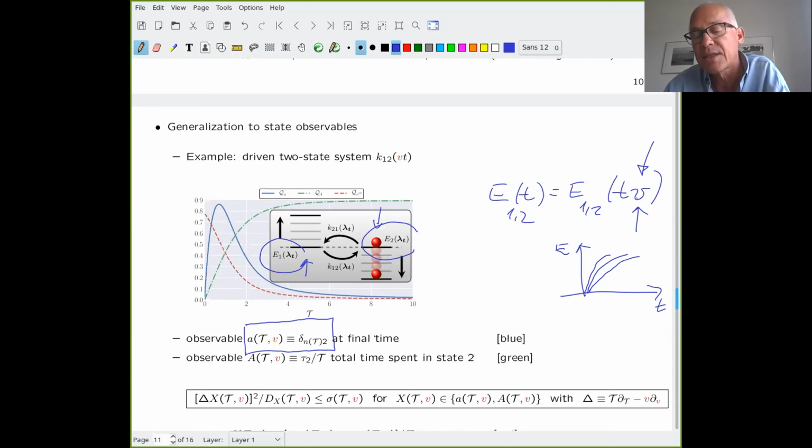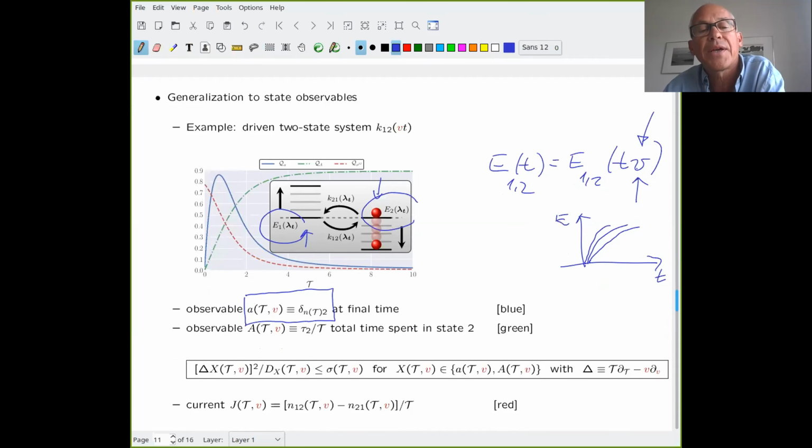And for this observable, we have here the boxed uncertainty relation. So x is this observable. Delta of x is again the mean value of the observable, or the dependence of this mean value on the observation time and on the speed of running the system. And the uncertainty relation is just given by this delta x squared divided by the dispersion. That's less than the entropy production.